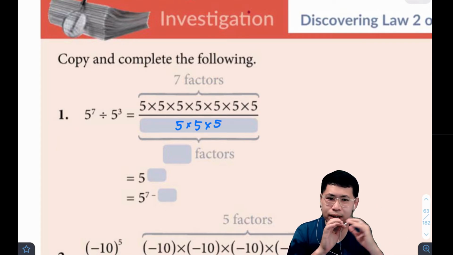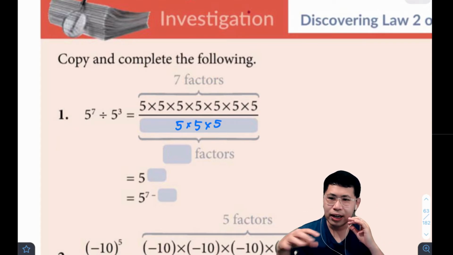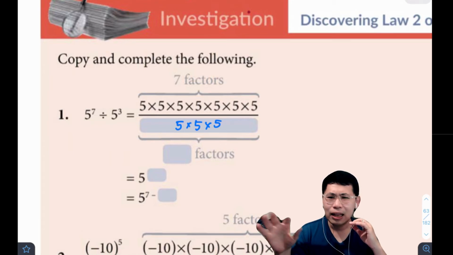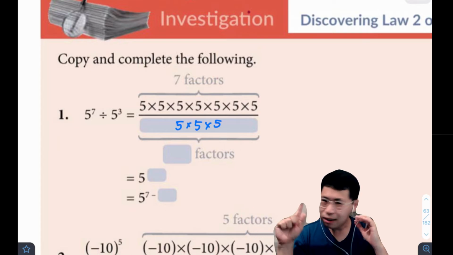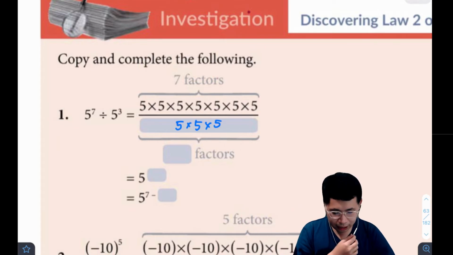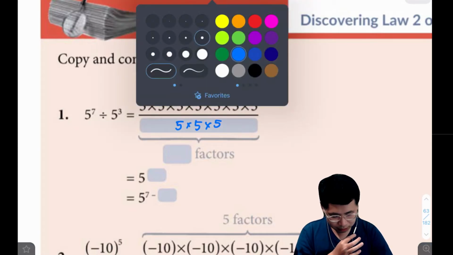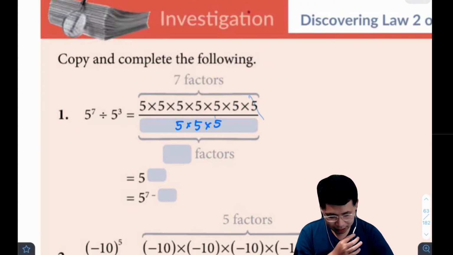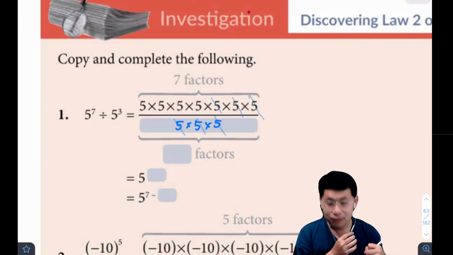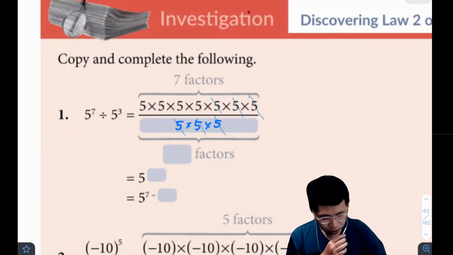So when we divide, we can actually express them as a fraction. And like primary school and maybe sec 1, sec 2, when we see fractions, same factors, we can usually cancel. So we will cancel.